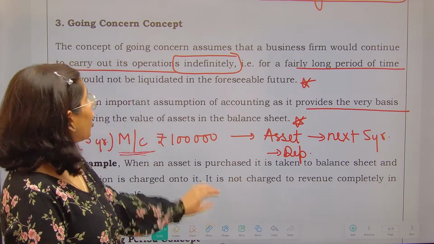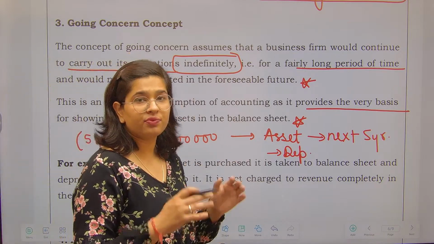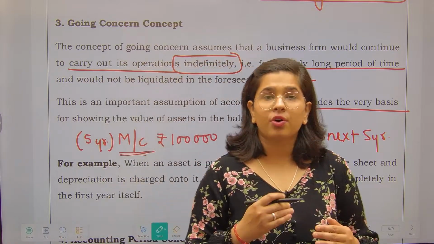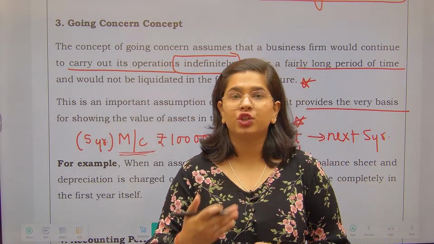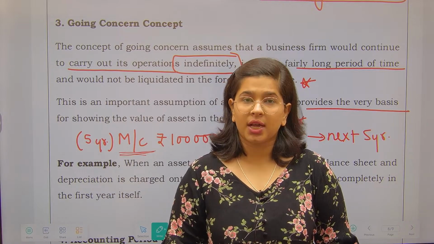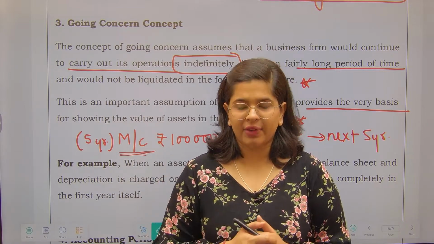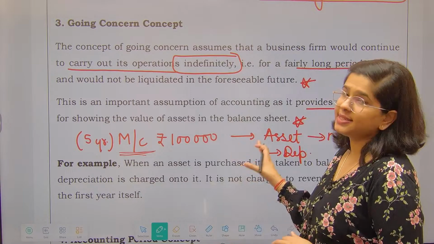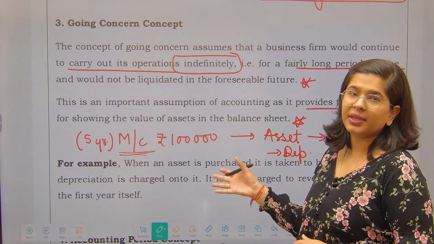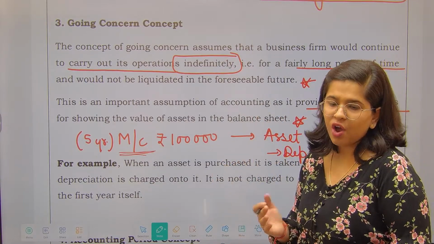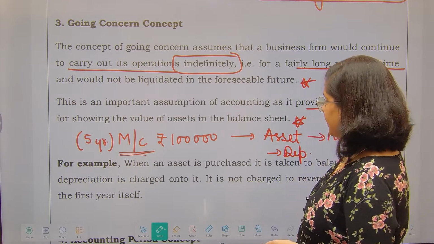So that is why the concept of going concern is very much important. Because of this we are able to assume that my business is going to continue for a very long period of time, and I record my assets as an asset for a period of 5 years, 6 years, 7 years, or whatever might be the time.